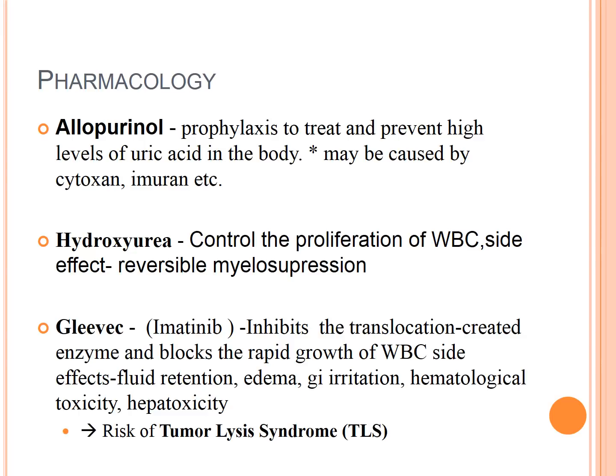So fluid retention, they might have edema, GI upset, hematological toxicity, and hepatotoxicity. And with Gleevec, they are at risk for something called tumor lysis syndrome. So tumor lysis syndrome means that, when these white blood cells and immature cells are all being damaged by this chemotherapy, they can end up releasing all of their internal contents of the cell. So remember, there's intracellular components of a cell that we have, like certain amounts of potassium and phosphorus and etc. within the cell.